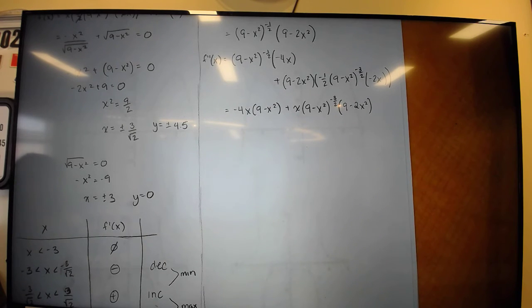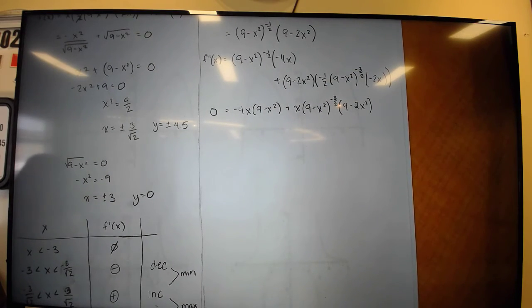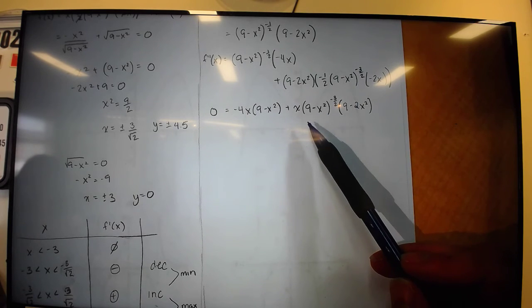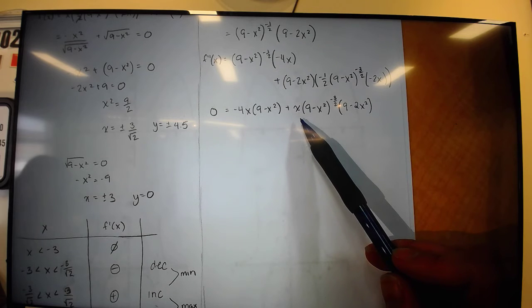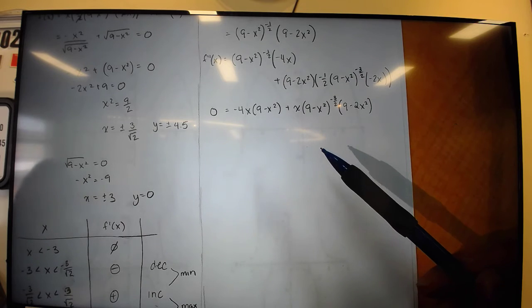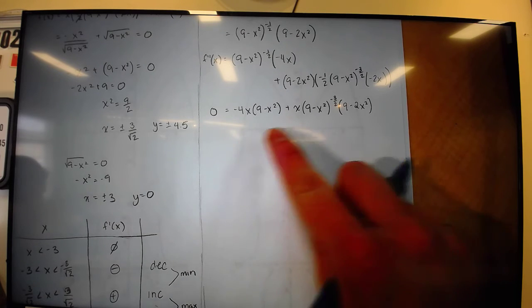If we set this thing equal to 0, okay, that's going to tell us where our point of inflection is. So to solve this, we need to think through, okay, if I divide both sides by common factors, we end up with super complicated stuff.